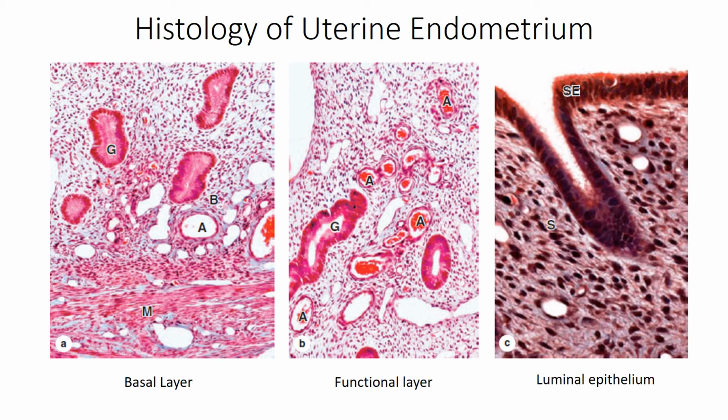Here we can see portions of the spiral artery, and here you can see the blood-filled lacunae. And this is the surface epithelium, simple columnar epithelium, which has both ciliated and secretory cell types. And this is the invagination which forms the gland.